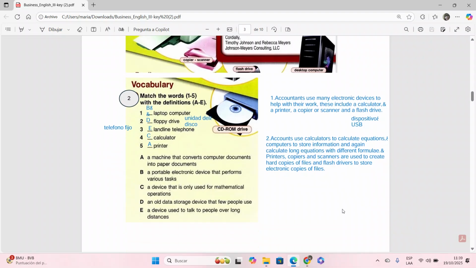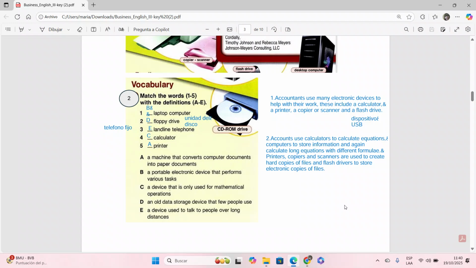2. 1. B. A portable electronic device that performs various tasks: laptop computer. 2. D. An old data storage device that few people use: floppy drive. 3.